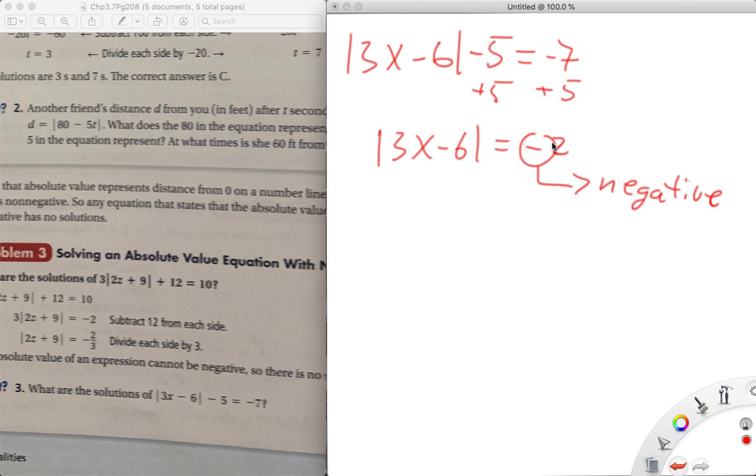So this only works when, before we do any separation and showing both scenarios, this number has to be negative, because this number doesn't talk about the direction. This number talks about distance. And distance can't be negative.